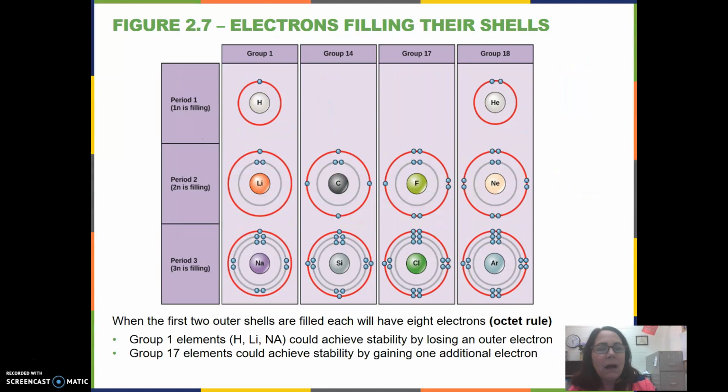And that is called the octet rule. It says when the outer shells are filled, each will have 8 electrons. That's the octet rule, and that is all except for the very first energy level, which is filled with 2.